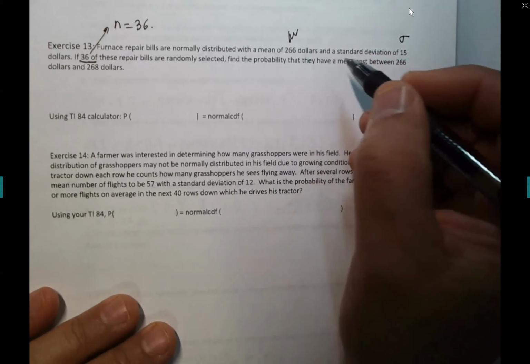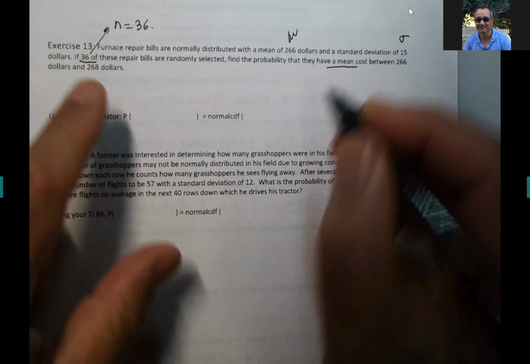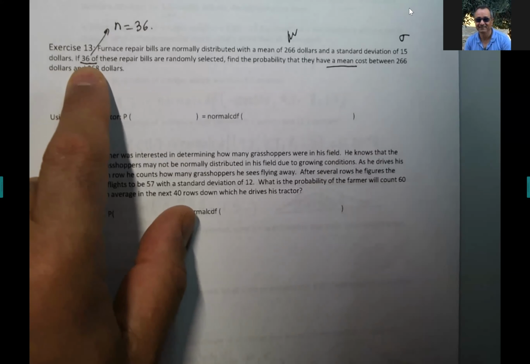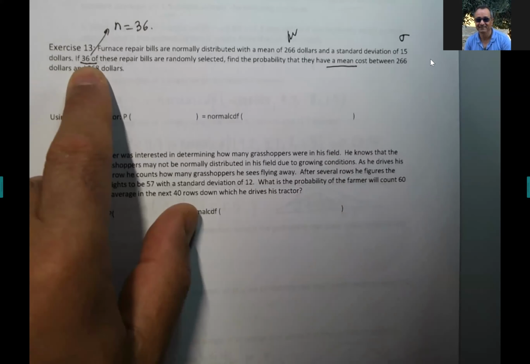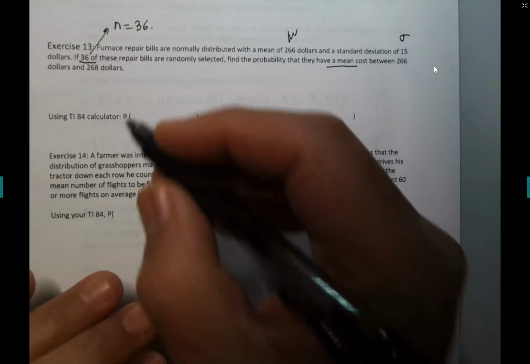He says, what's the probability that they have a mean cost? So the sample mean, guys, what is the symbol that we use for the sample mean? We don't use X. Mu? No, mu is for the population mean. X bar, exactly.